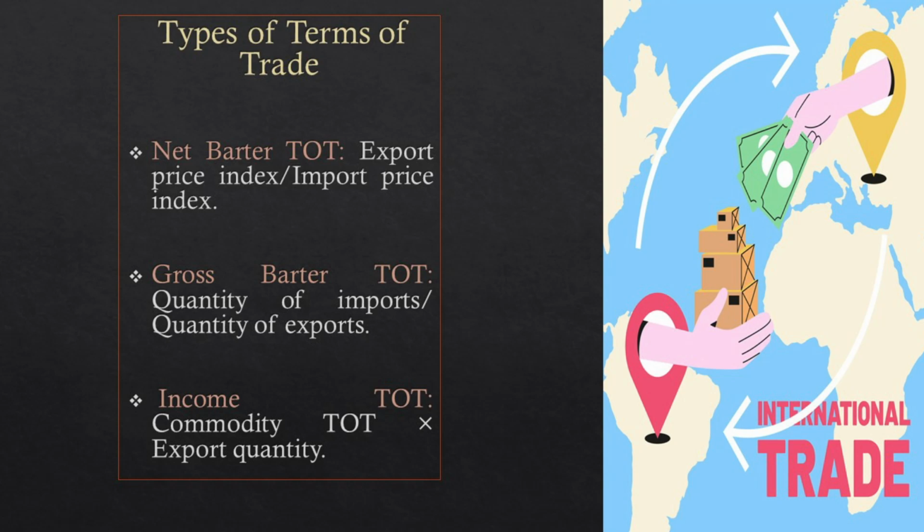Next, gross barter terms of trade. Gross barter terms of trade is the ratio of the physical quantity of imports to the physical quantity of exports.